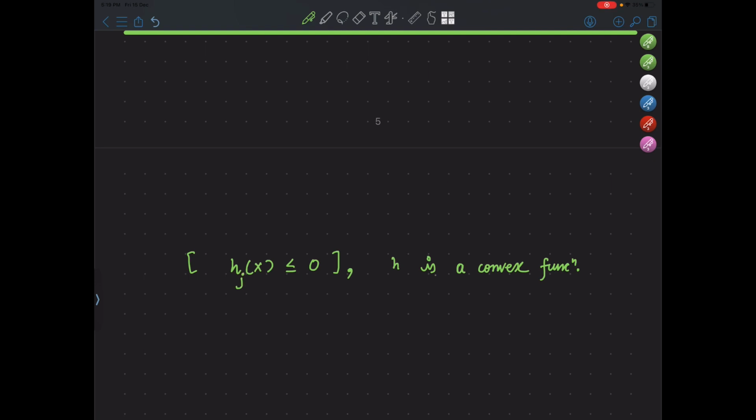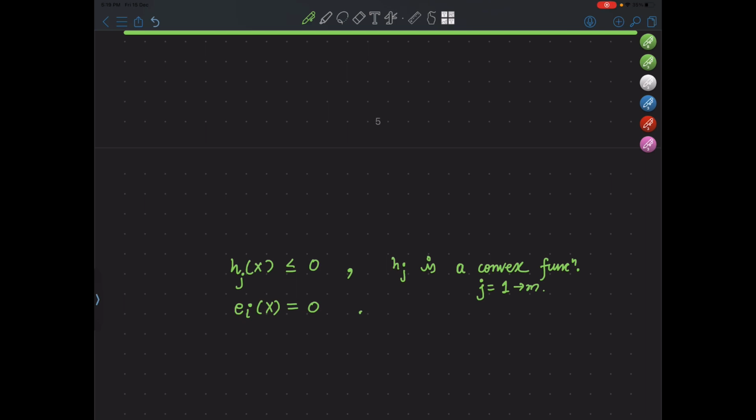Let's say there are a series of h_j's like this. All of them are convex, and j varies from 1 to m, let's say. And then there are some equality sets which follow the equality, so let's say e_i(x) is equal to 0, and let it be convex.